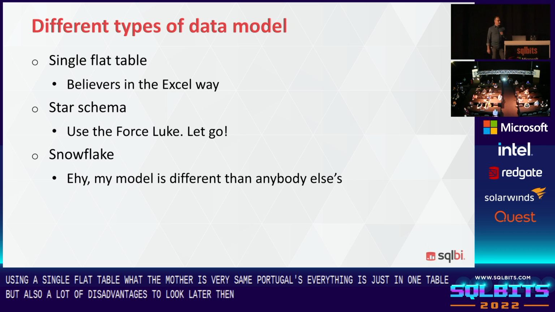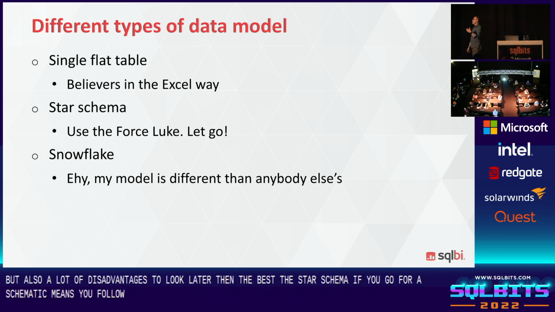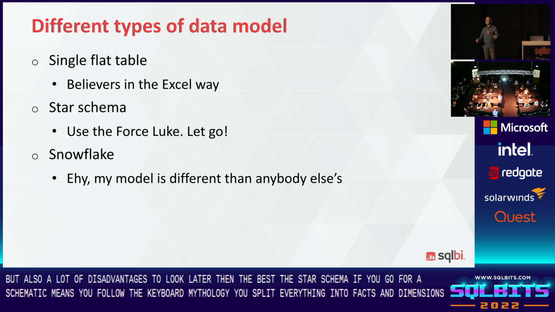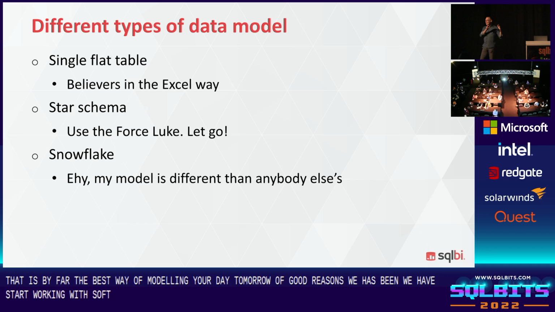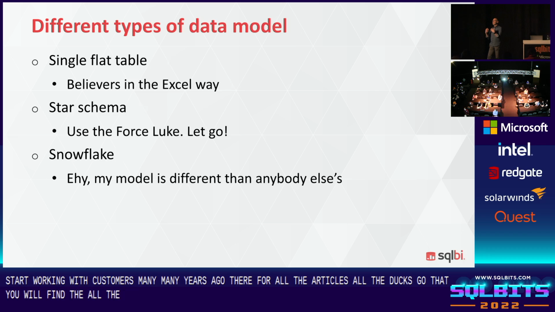Then the star schema. If you go for a star schema, that means you follow the Kimball methodology, you split everything into facts and dimensions. That is by far the best way of modeling your data model. For a lot of good reasons, we have been working with star schemas for many years. Therefore, all the articles, all the DAX code that you will find, all the engines are built on top of star schema.